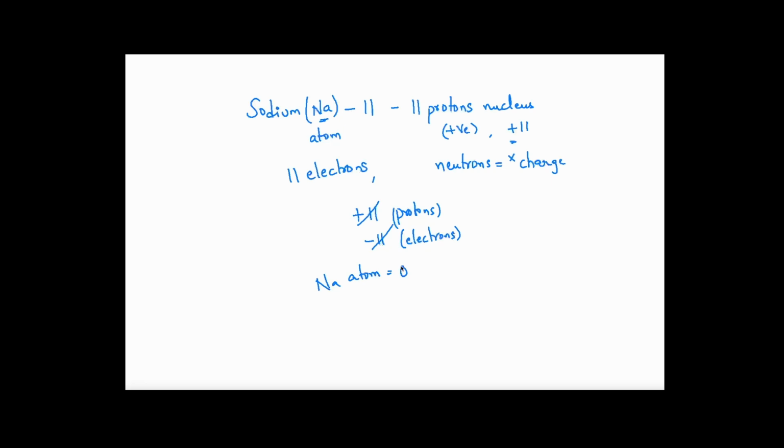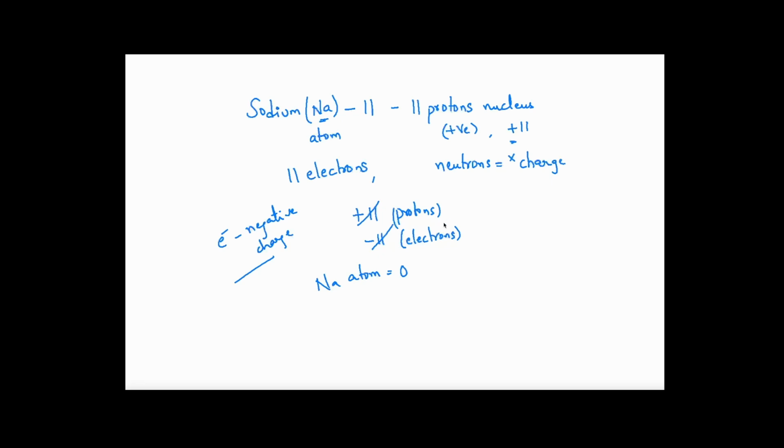However, when atoms or elements lose electrons or gain electrons, they get a charge on them. As we all know, electrons carry a negative charge, and if any element loses or gains electrons, then they can develop a charge.